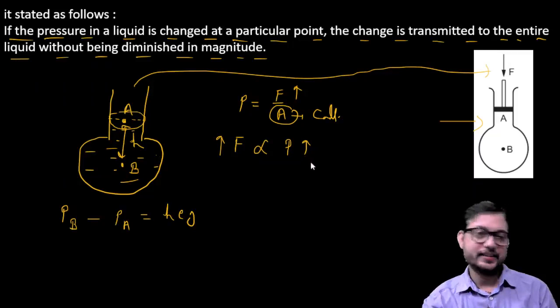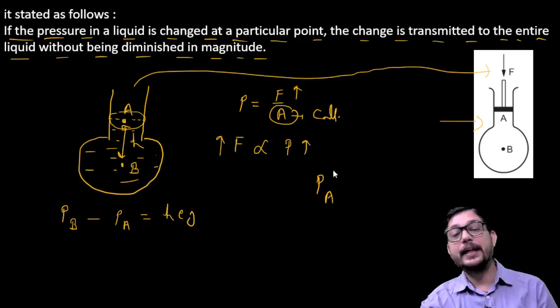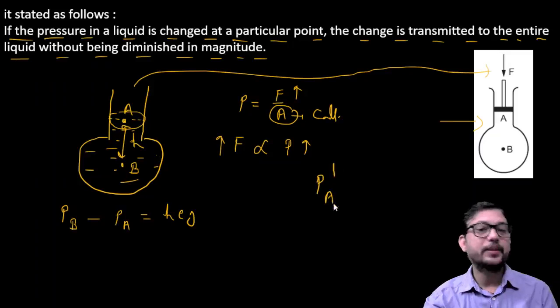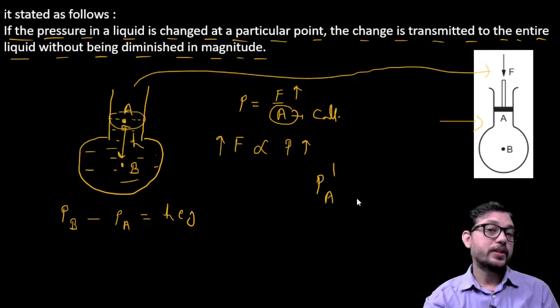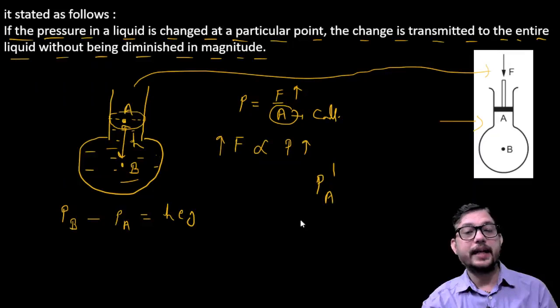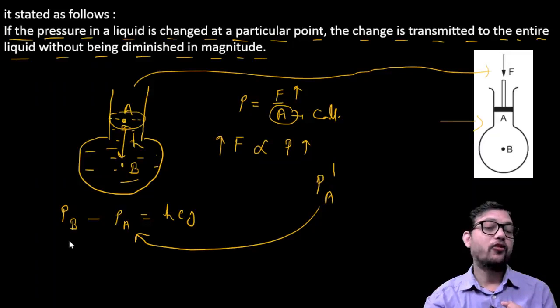also increases. It means in the second scenario, we have the pressure at point A that also increases and becomes PA dash. So the question is, if we have PA dash in place of PA, then what should be the value of PB?